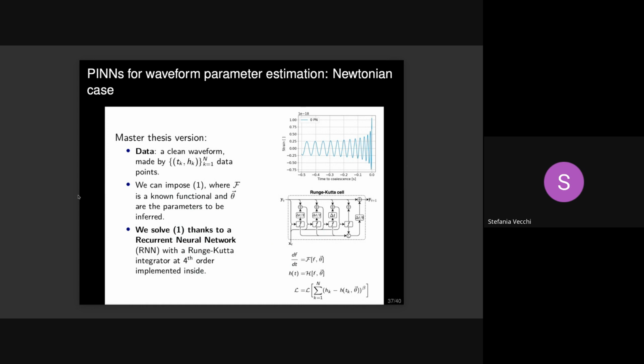It's a tiny Runge-Kutta integrator in each neuron that takes the input of the time domain and outputs something, and time here is the integration variable. You can train it to solve this kind of evolution in frequency of such a waveform. And the loss function is the difference between the solved amplitude in frequency versus the original one.